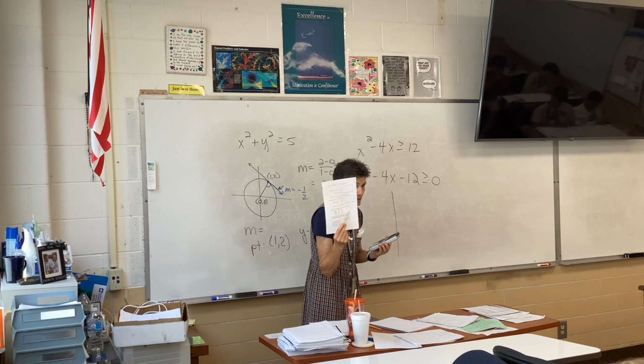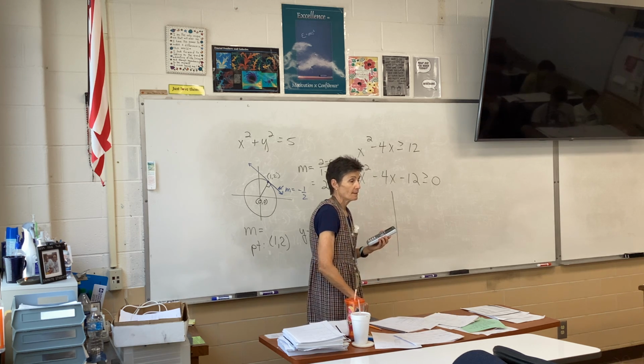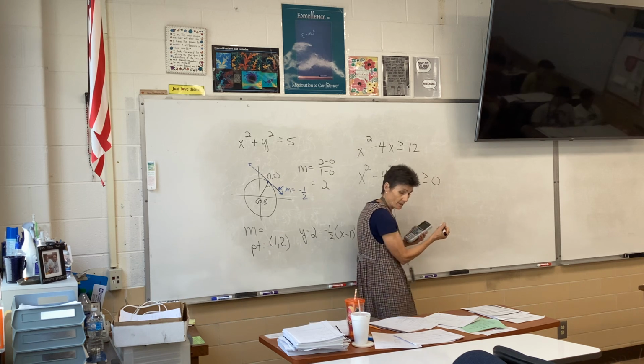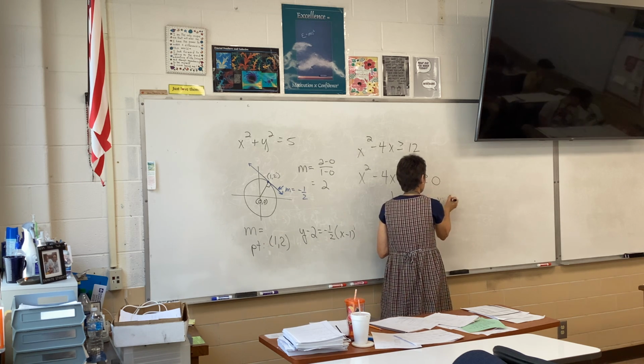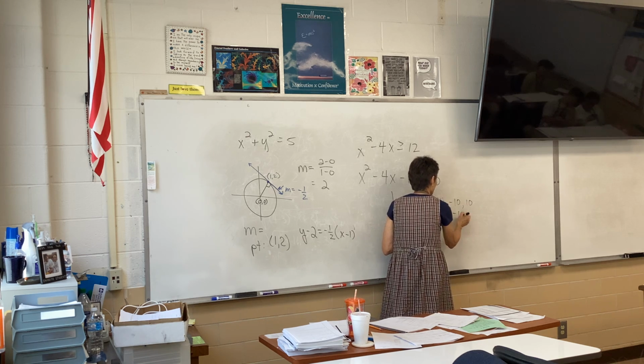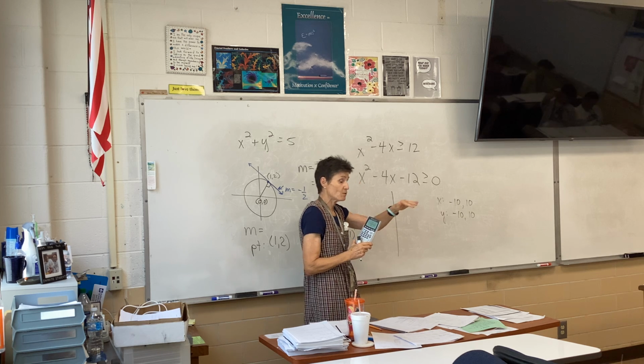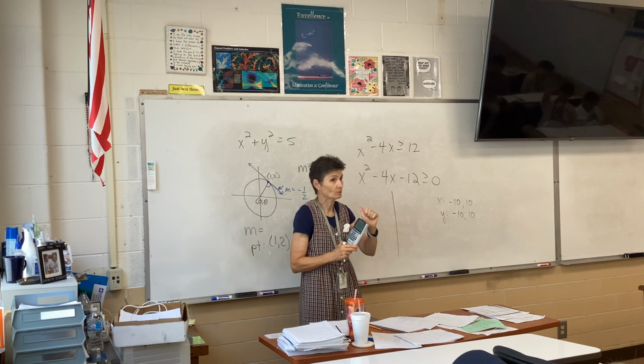This is the way your test is gonna be. You have to show me what you see. You have to tell me what your window is. So I've got a standard window, so my x's are gonna be -10 to 10, and my y's are -10 to 10. Now, they can be different things, so if you wanna change those numbers, you absolutely can.